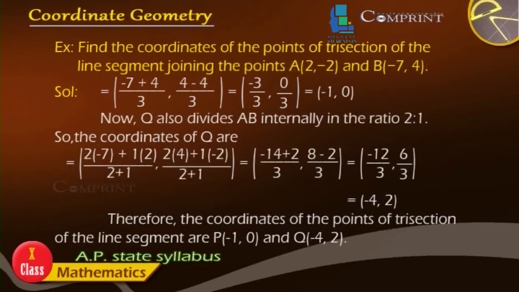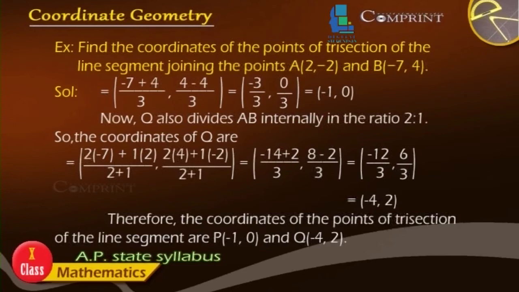Now Q also divides AB internally in the ratio 2:1. So the coordinates of Q are ((2 into -7 + 1 into 2)/(2 + 1), (2 into 4 + 1 into -2)/(2 + 1)) = ((-14 + 2)/3, (8 - 2)/3) = (-12/3, 6/3) = (-4, 2).